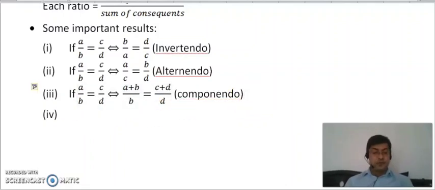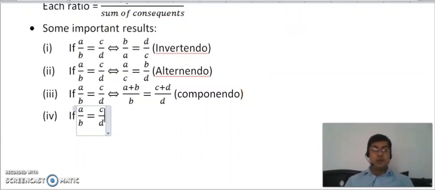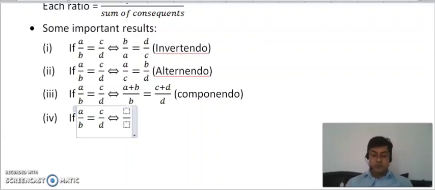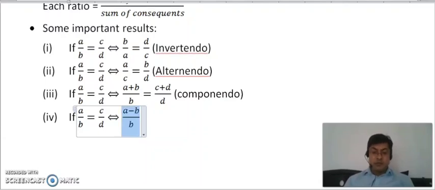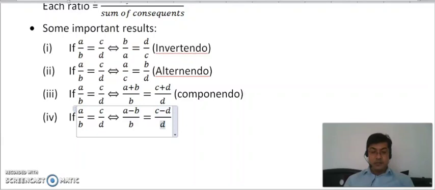Number 4. If we have A upon B equal to C upon D, which will double imply A minus B upon B is equal to C minus D upon D. This property is called dividendo.